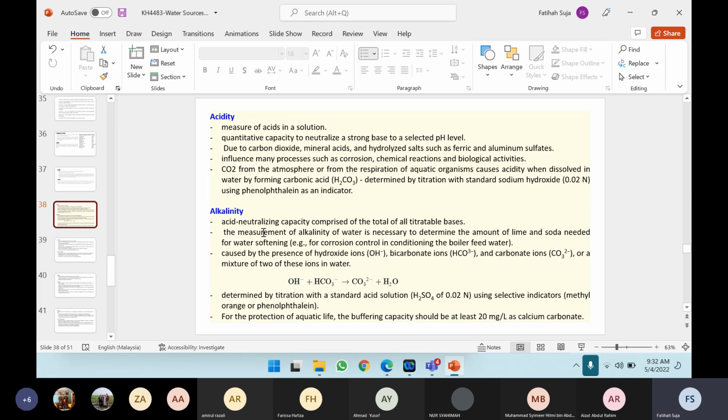So acid neutralizing capacity comprises the total of all titratable bases. So this is acidity and alkalinity. They are important parameters that you need to understand when you characterize your water source. Sometimes you need to make sure that you neutralize when the water source is very acidic or very alkaline.